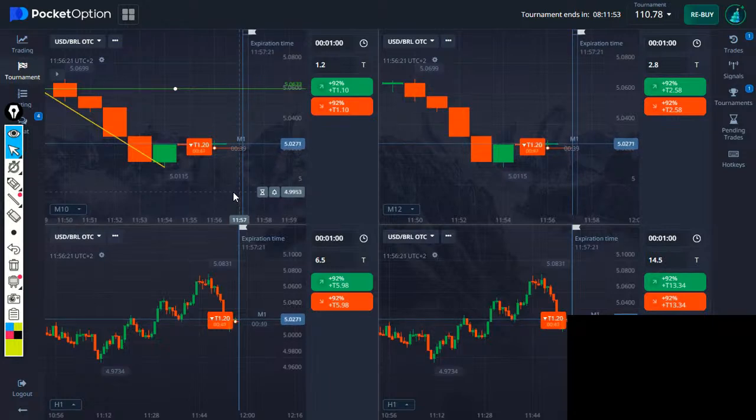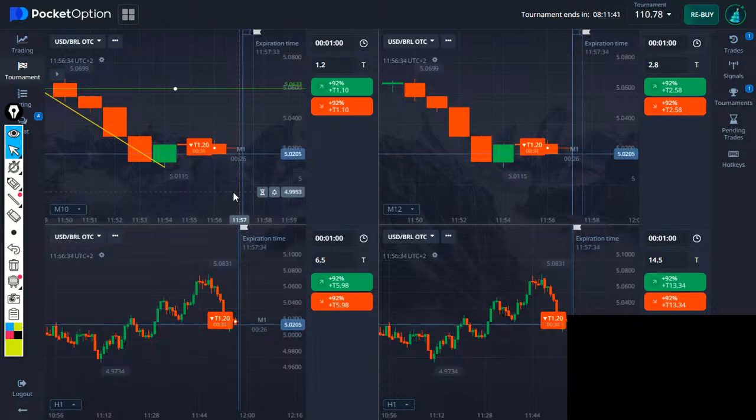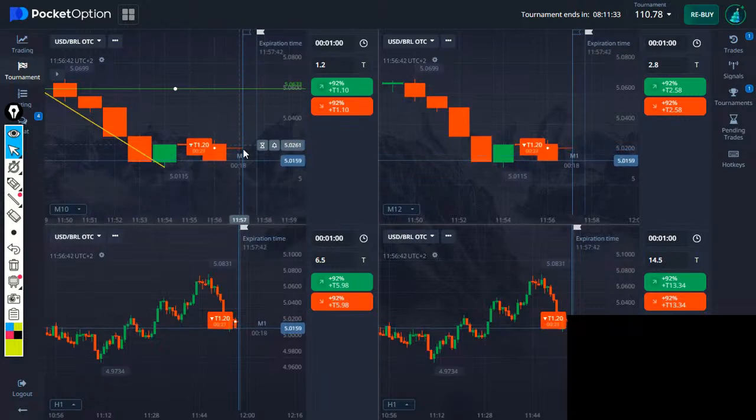I usually prefer to open the trade at the opening of the new candle. So if we win this one, I'll wait for the new candle to open and then go for the trade. 30 seconds left. So when this candle closes, I'll take a trade, even though this one might be still running, just to adjust to the charts.